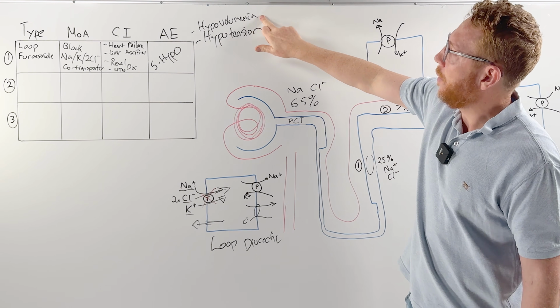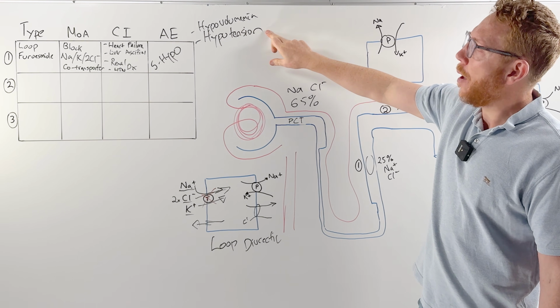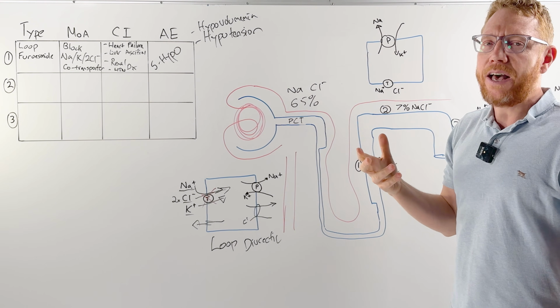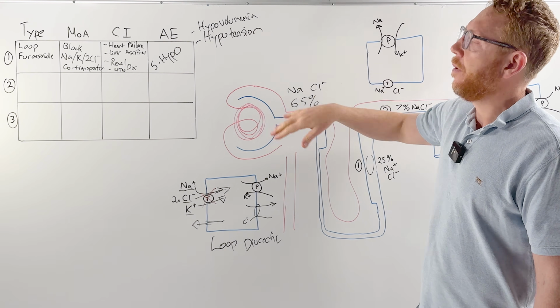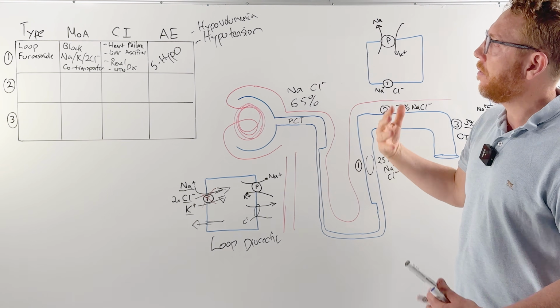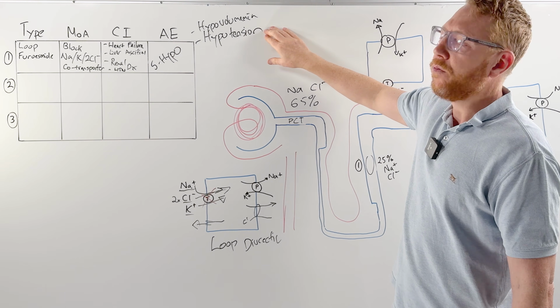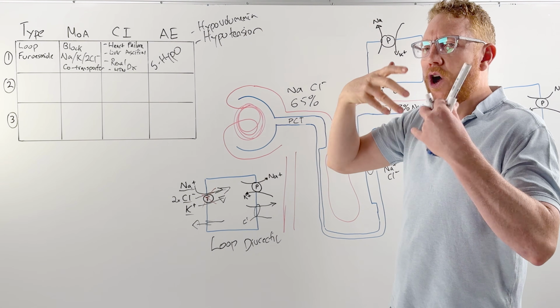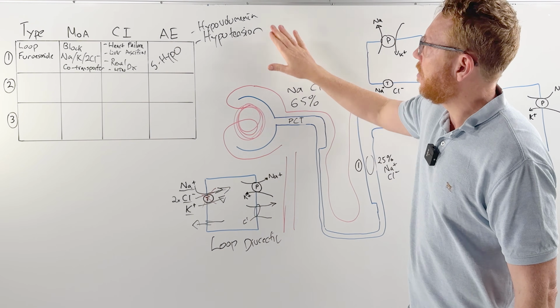So hypovolemia is a risk. Then hypotension would follow, particularly in the elderly. This is running the risk of them collapsing or fainting because they've got reduced volume, therefore reduced blood pressure, therefore no blood to the brain, so they collapse. So that's a risk there.